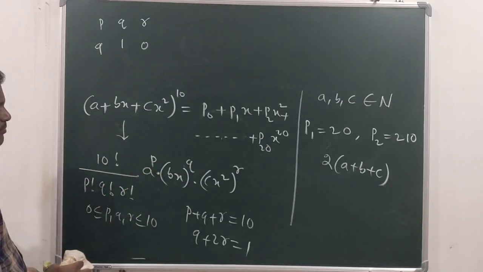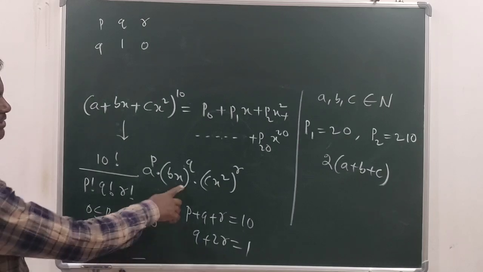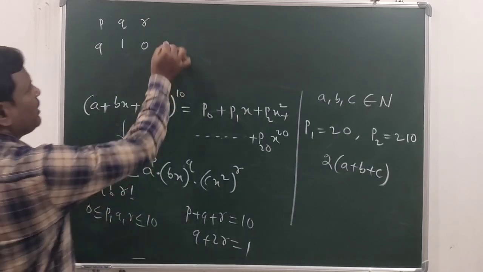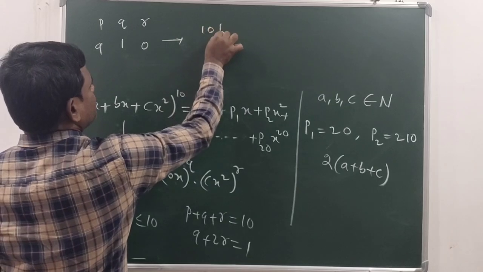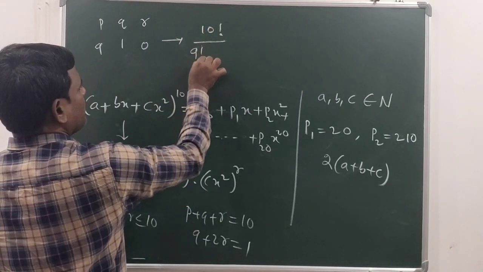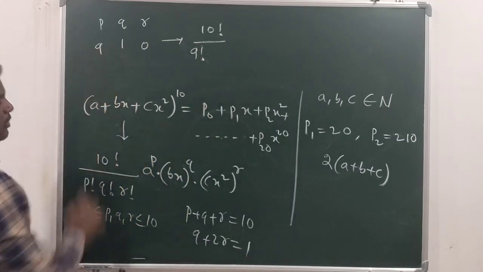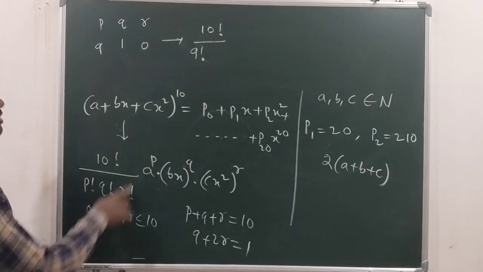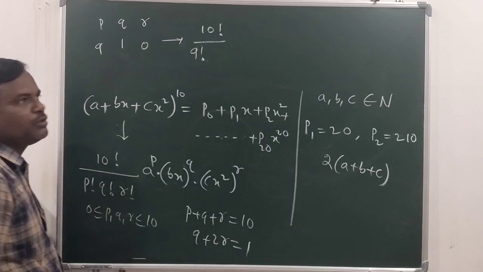If I write here, I will get the coefficient of x. So here 10 factorial by P factorial, P value 9, 9 factorial, Q value 1 factorial which becomes 1, R value 0 factorial which becomes 1.